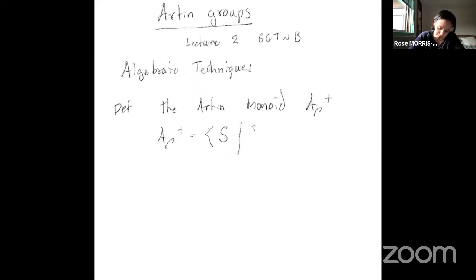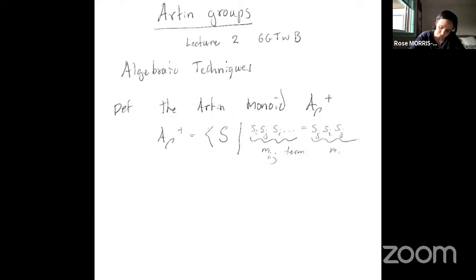So I still have the relation s_i s_j s_i equals s_j s_i s_j, alternating in the opposite order. And here the length of each of these words is determined by the label of the edge.